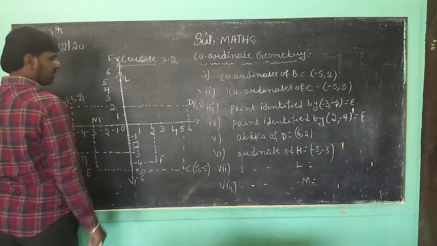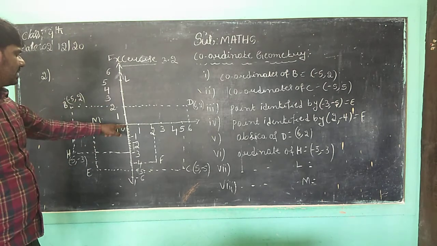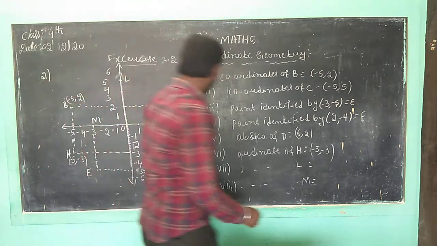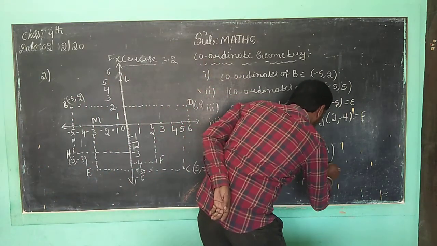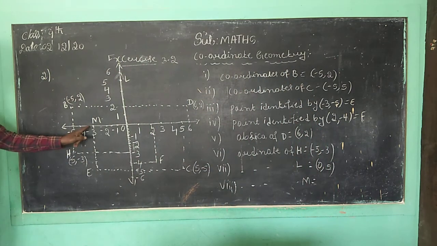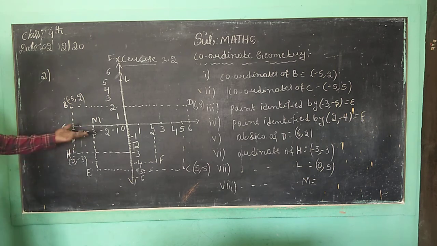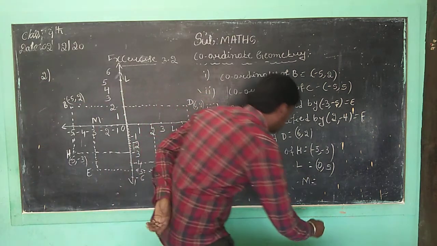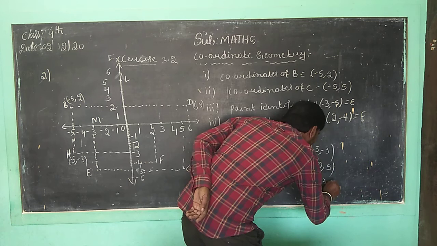This point is L. This is 0 comma 5. L is equal to 0 comma 5. Children, for the coordinates of M, the x-coordinate is minus 3 and the y-coordinate is 0. Minus 3 comma 0.